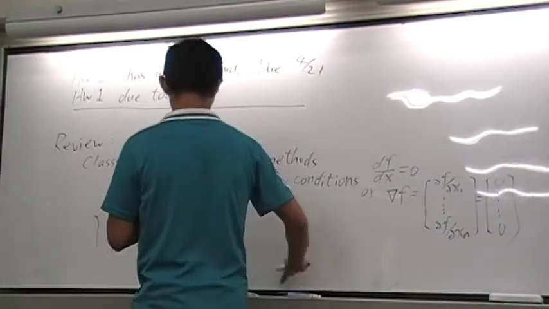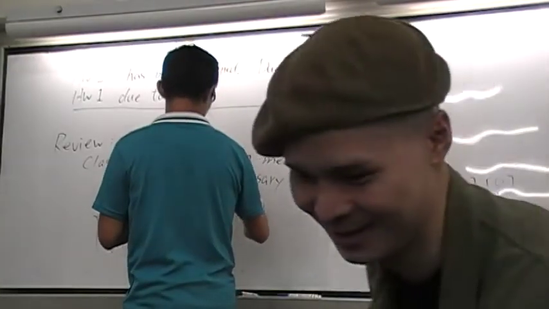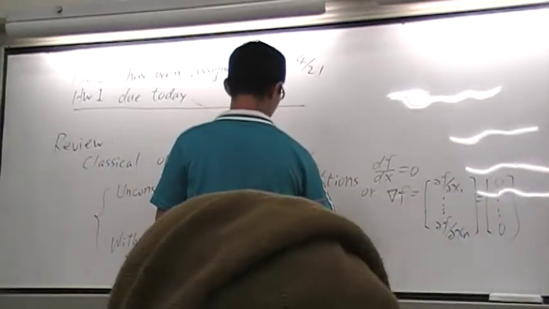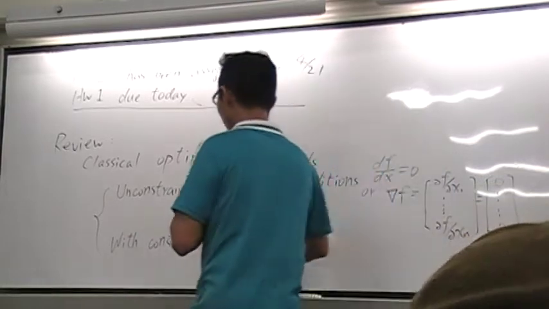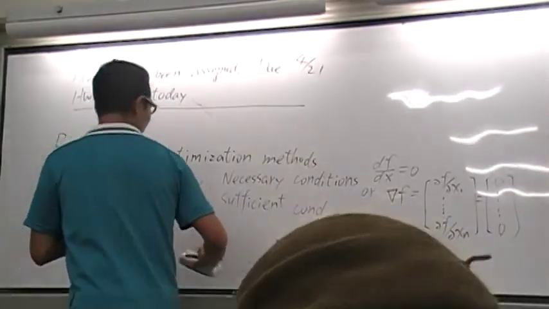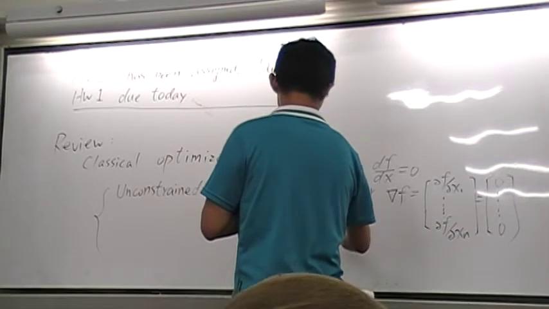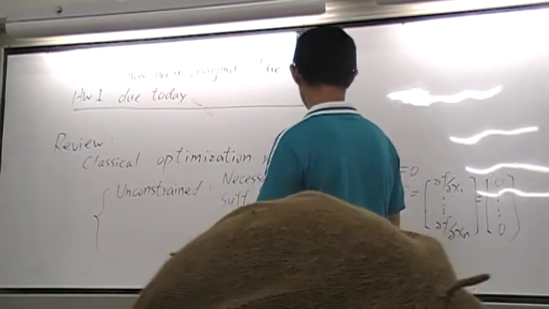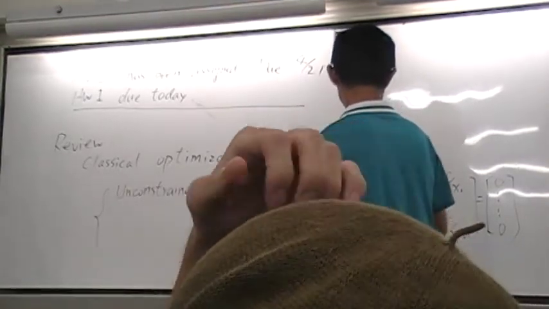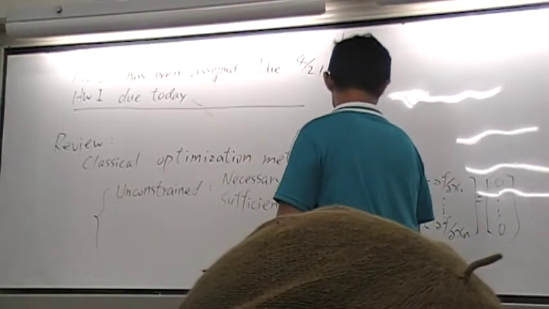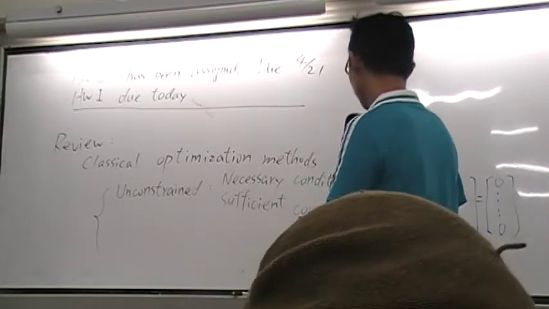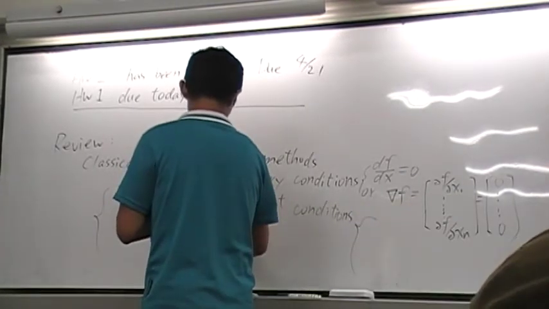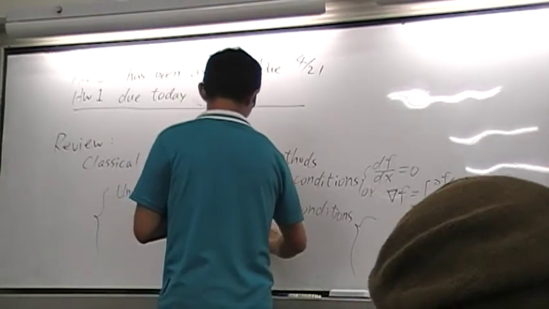And we also have the sufficient conditions. Or maybe I should say with constraint later. Okay. So the sufficient conditions, let's say for minimization, okay.